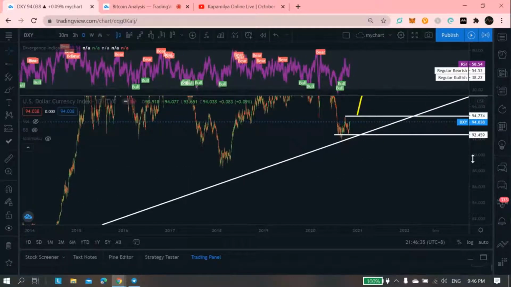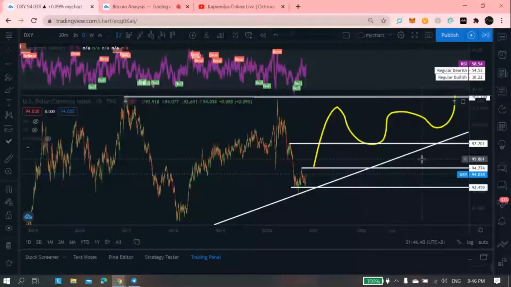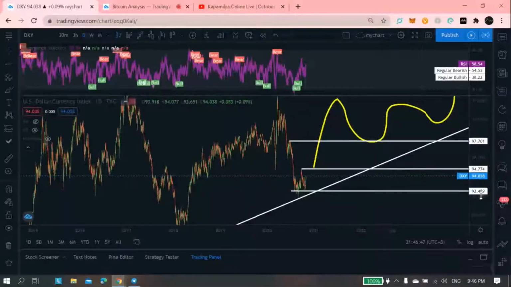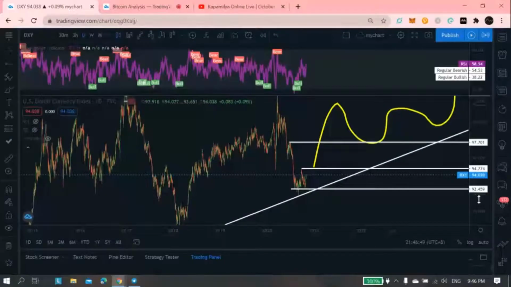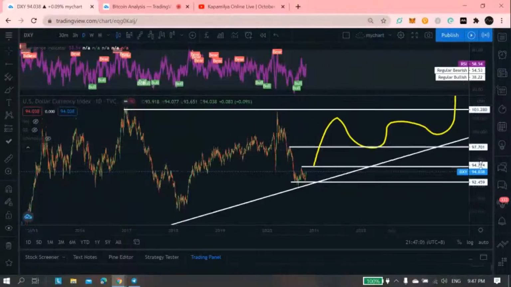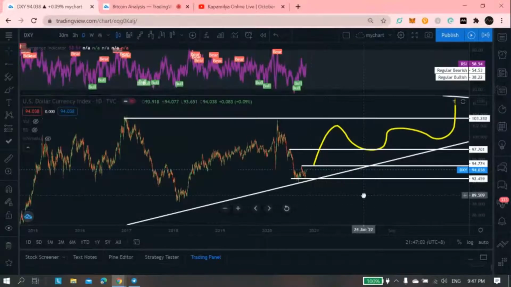So this is using the daily time frame. The support is the 92 area, and the immediate resistance at 94. If it breaks this 94.77, possibly the 97.70 area. So actually, I'm not trading this one.